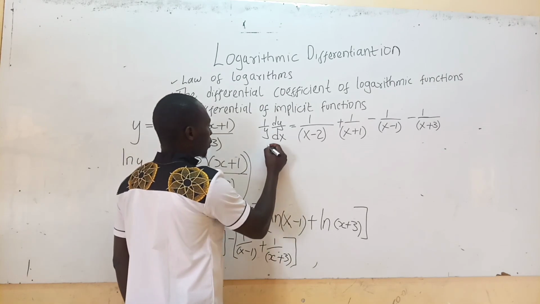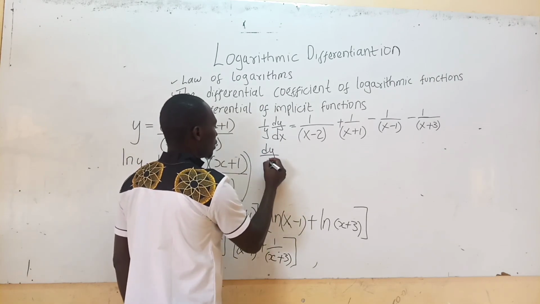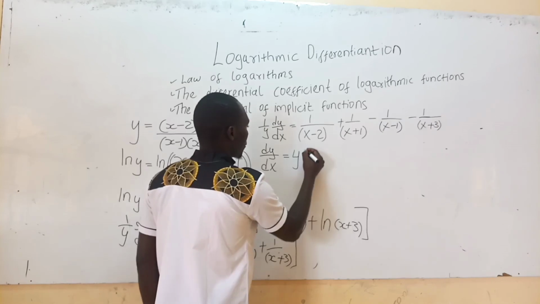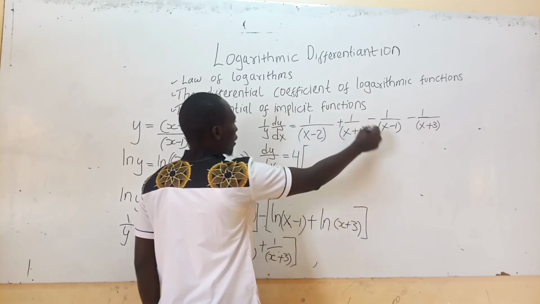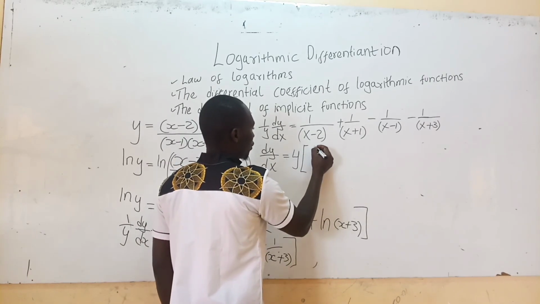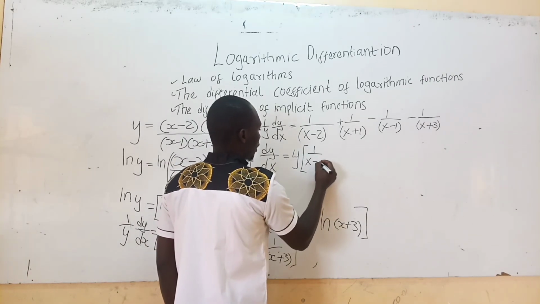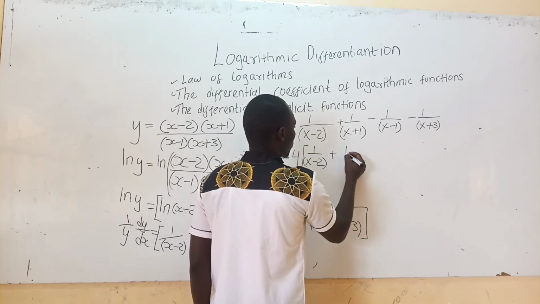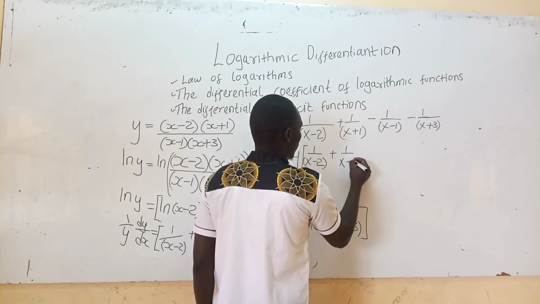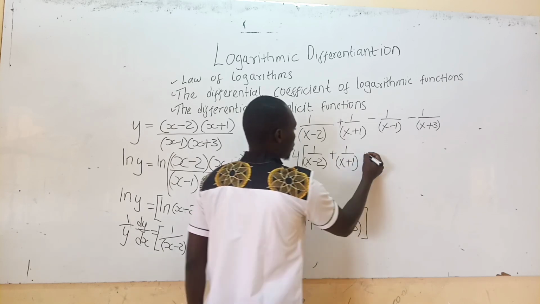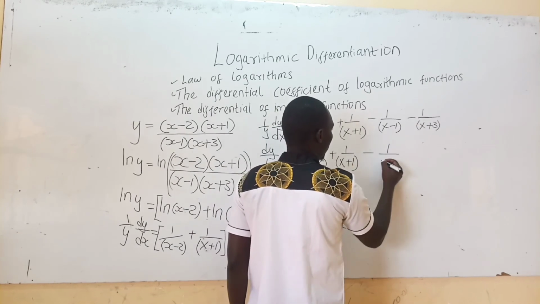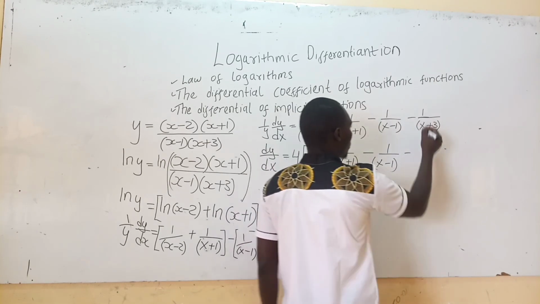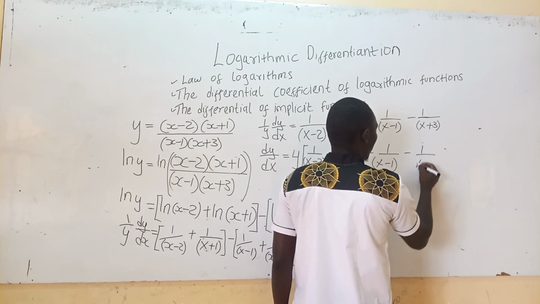And by doing that, we are going to have dy with respect to dx is equal to y multiplied by everything within the bracket. So here we are going to have 1 over x minus 2. We add to 1 over x plus 1, we subtract from 1 over x minus 1, and lastly we are going to have 1 over x plus 3.